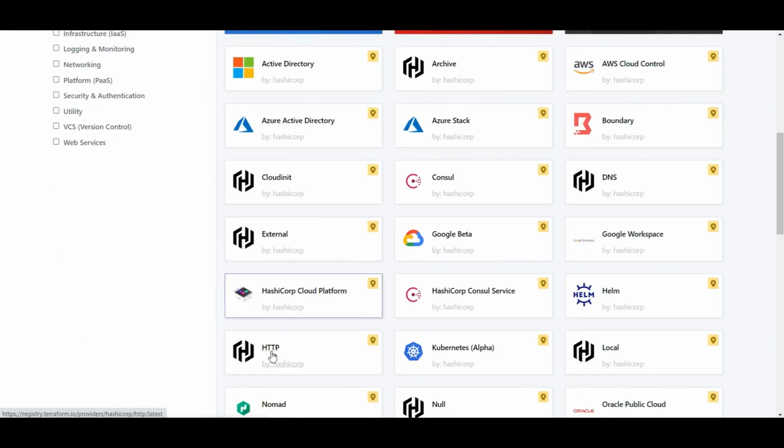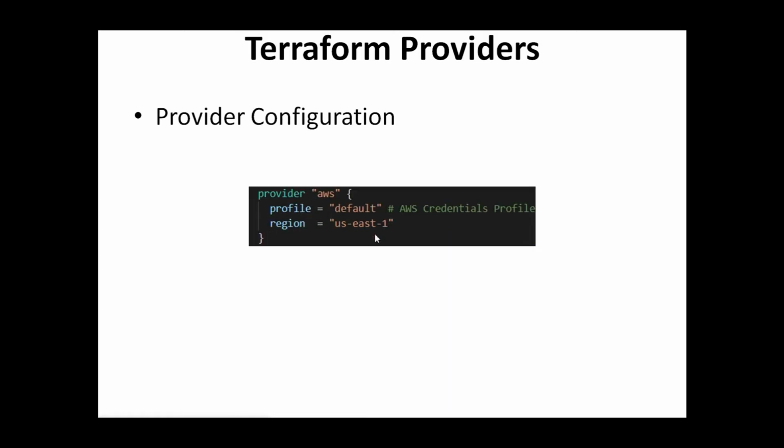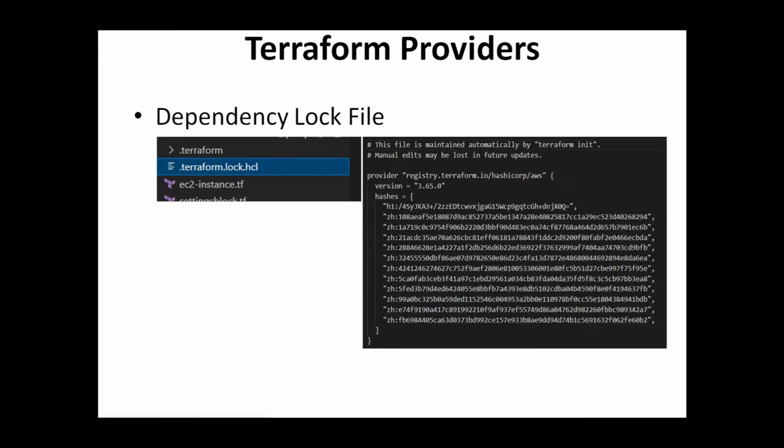From Terraform providers perspective, provider requirements is whatever you defined in the Terraform settings block, and then provider configuration, whatever you do in your provider configuration. Like here we are giving the profile as default, and the region which you are choosing is North Virginia, which is US East 1. And dependency lock files.